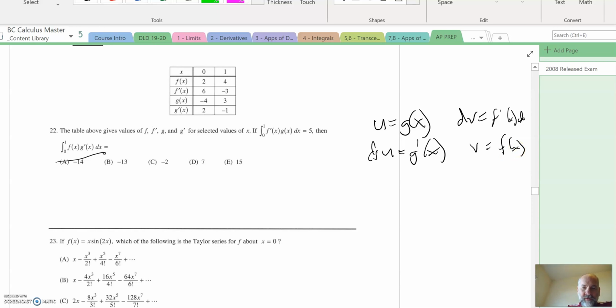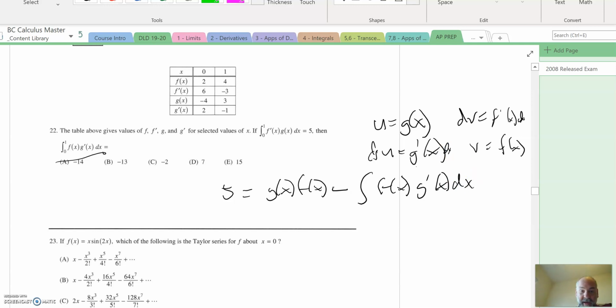Okay. And so the integral here, which is 5, because that's what it's equal to, integral of u dv, is equal to uv, g of x, f of x, minus the integral of v du, which is what I wanted, so it's f of x, g prime of x dx.